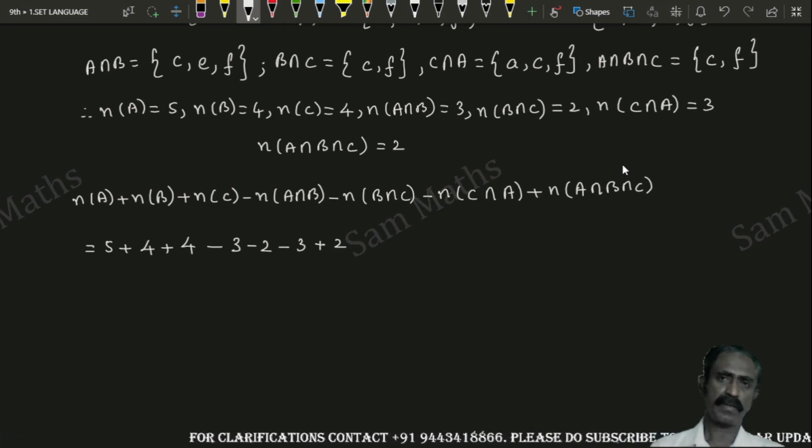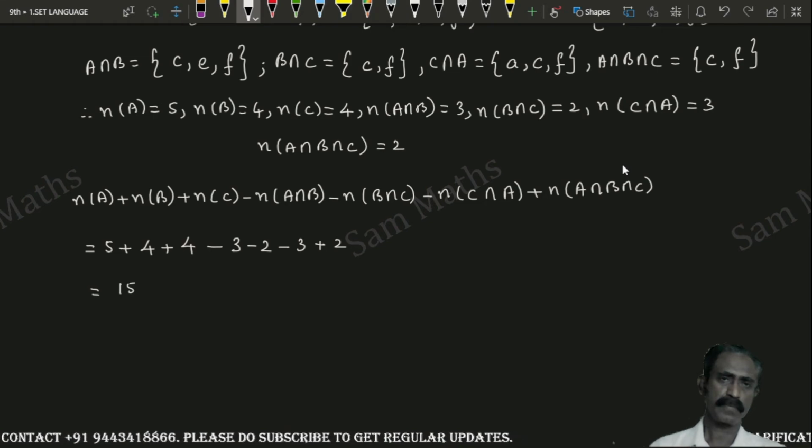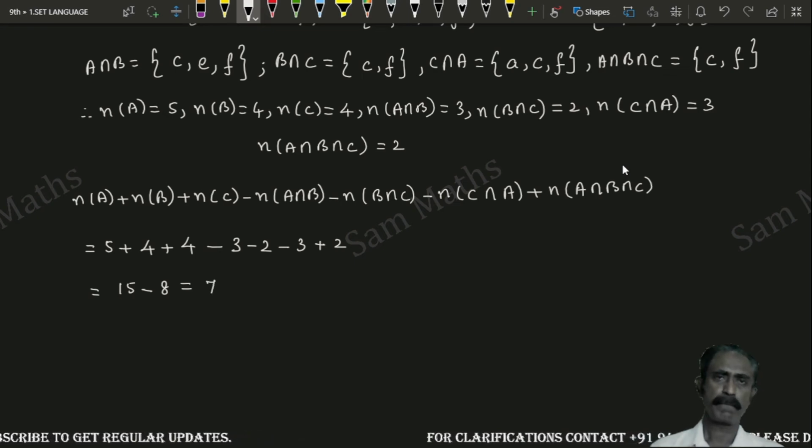Now we can add all the positive values, which is equal to 9, 13, 15, minus 8, which is equal to 7.